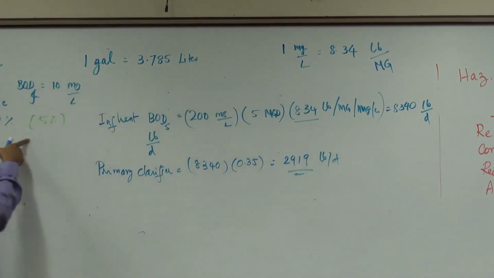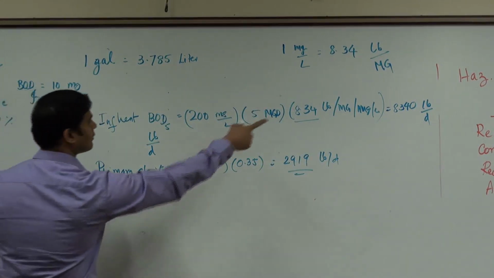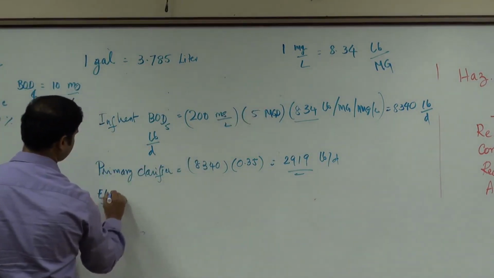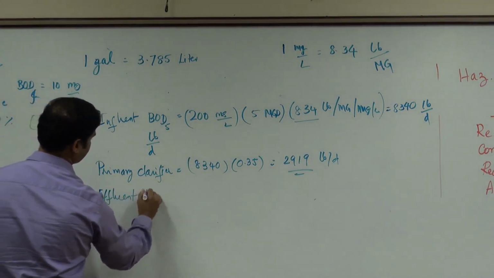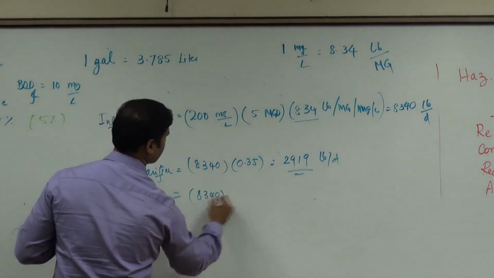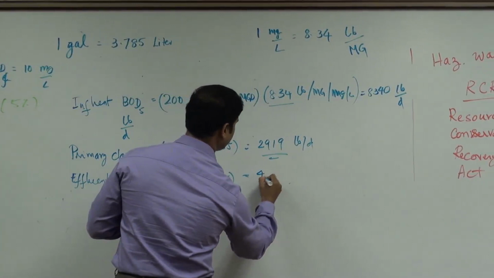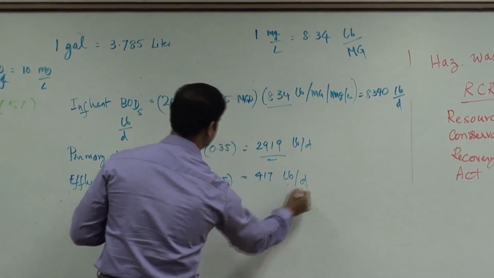Now, how much is leaving? 5% is leaving. You're not using it, but you could use that. So the effluent would be 417 pounds per day.